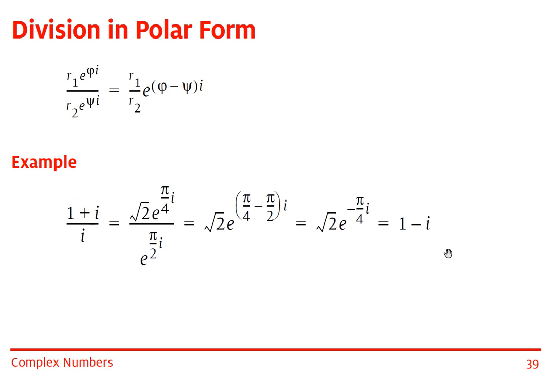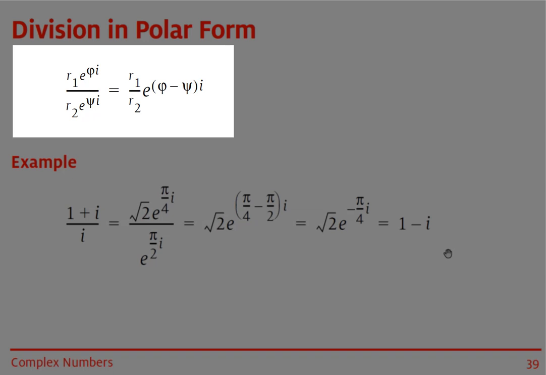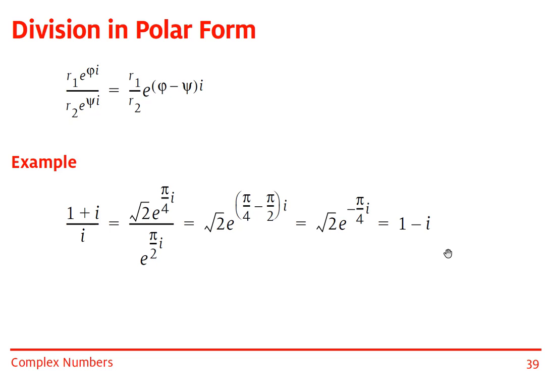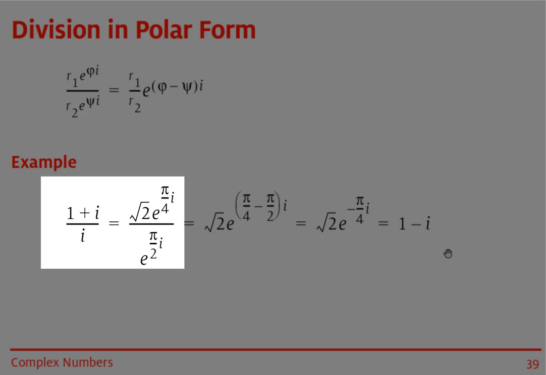In order to divide two numbers in polar form, you divide the factors and you subtract the angles. So, for example, we have 1 plus i divided by i. We transform the numbers into polar form. 1 plus i in polar form is square root of 2 times e to the power of pi fourth i, and i, the denominator, in polar form is e to the power of pi half i.